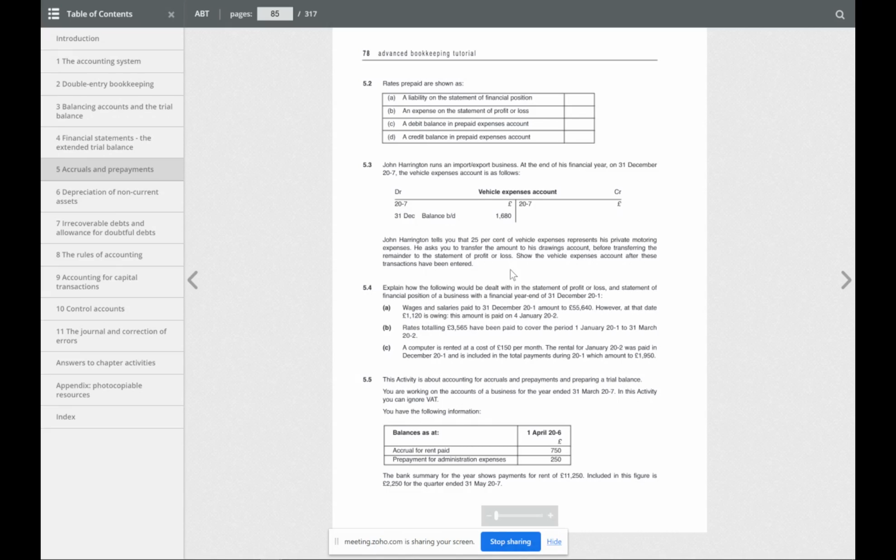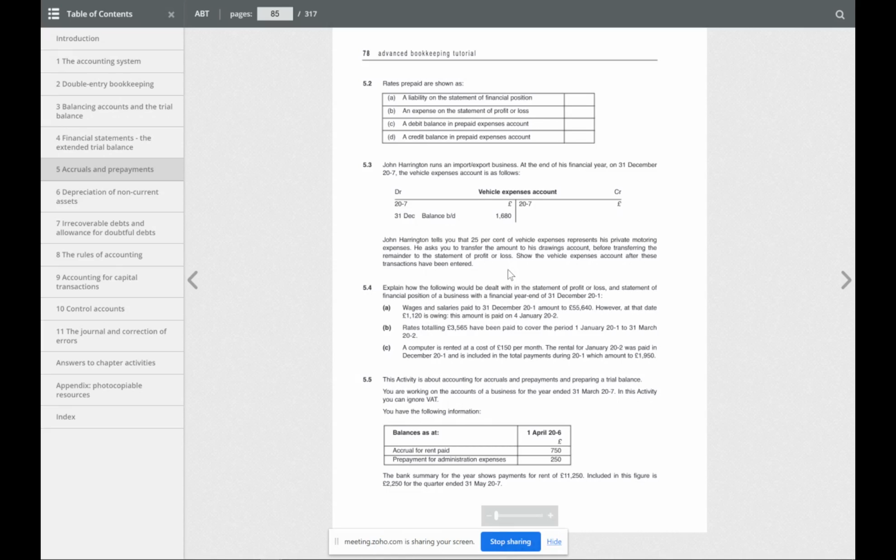We want to know the figure for 31st December. We will add this because this is an accrued expense at the end. If we see the journal entry for the accrued expense, we said expense debit, accrued expense credit.